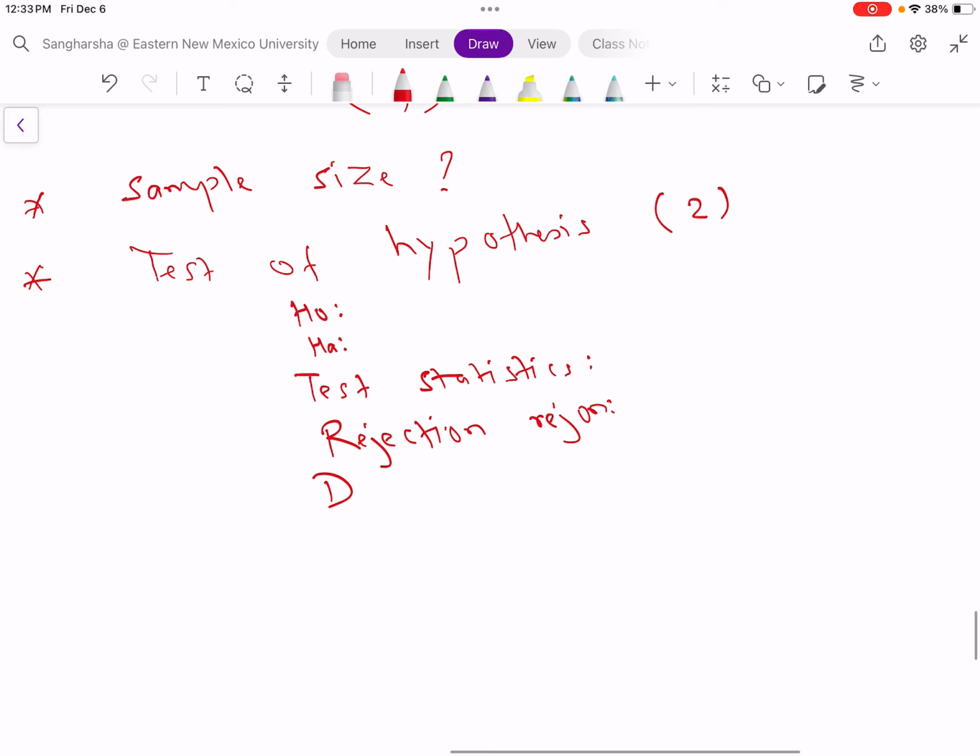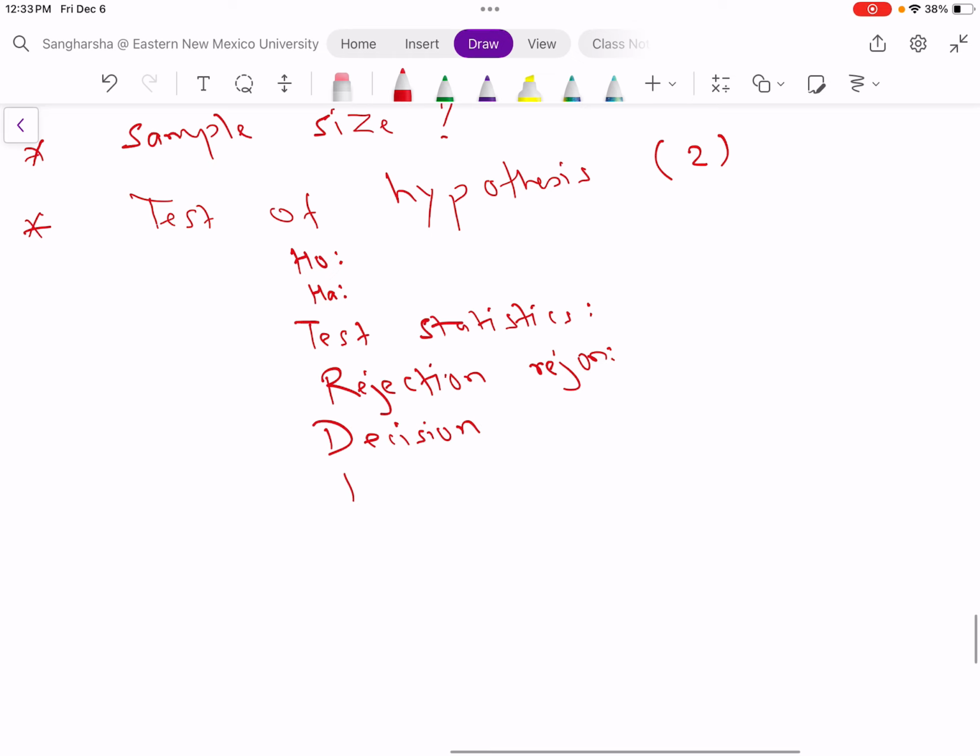You should be able to make a decision with the help of the test statistic, and you might be asked to find the p-value as well. So whenever you are practicing this type, once you know the concept, or once you make a review of what we did in the class, or if you practice your fourth exam, you should be able to handle very similar questions.